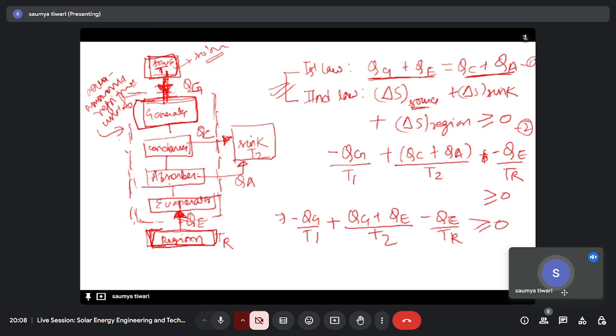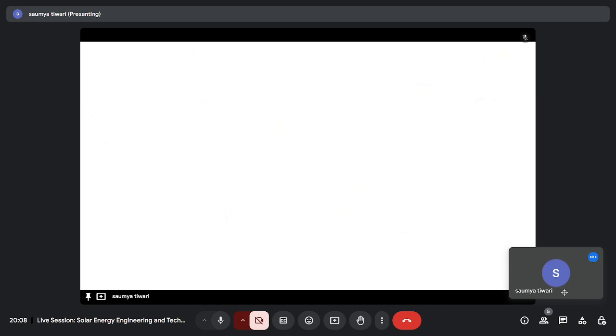Now all the terms are in the form of Qg and Qe, and we want Qe by Qg. Let me rearrange it: Qg times (1 by T2 minus 1 by T1) plus Qe times (1 by T2 minus 1 by TR) is greater than or equal to 0.